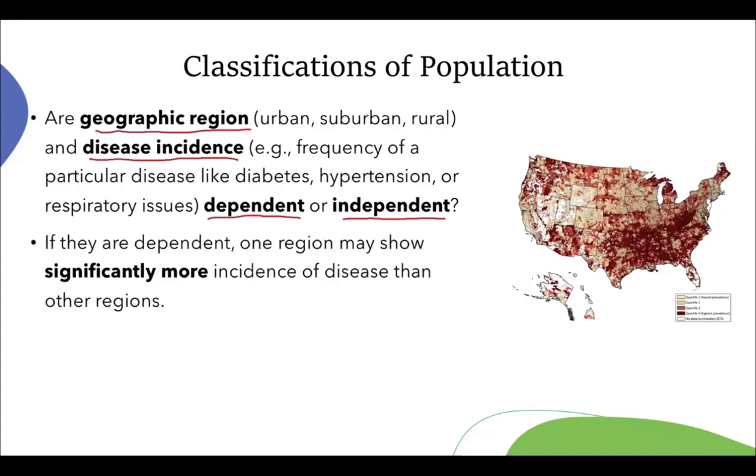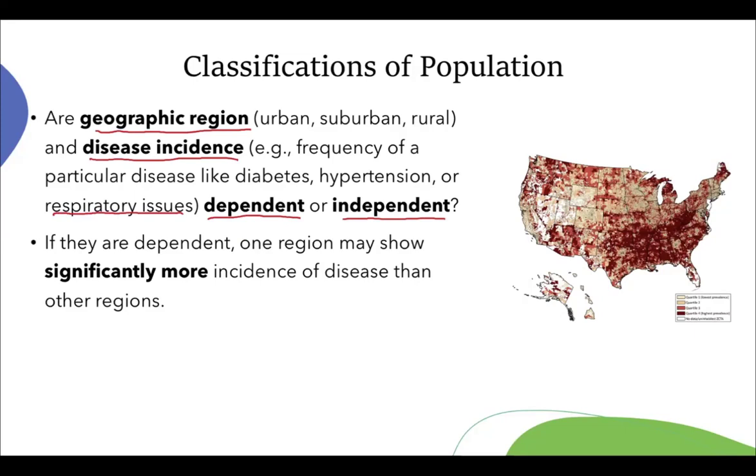So if they were dependent, we would expect to see significantly more incidence of diseases in one region than any other region. So perhaps respiratory issues, maybe we have a hypothesis that living in polluted areas increases respiratory issues, and that's more prevalent in cities.